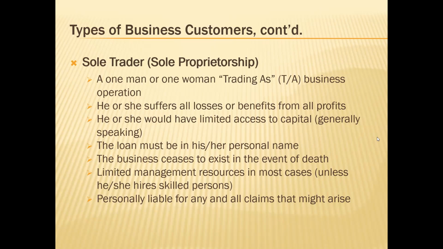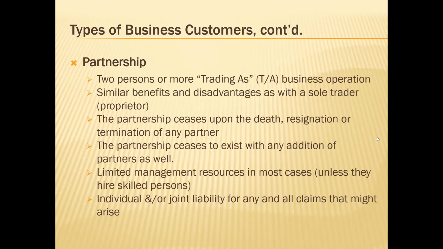Okay. So let's look at partnership now. A partnership is two or more persons, and it could also be a trading-as business operation. The more formal partnerships that we are used to are partnerships like accounting firms, law firms, doctors' offices.